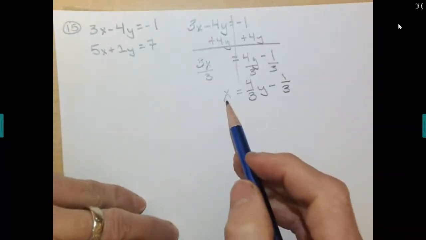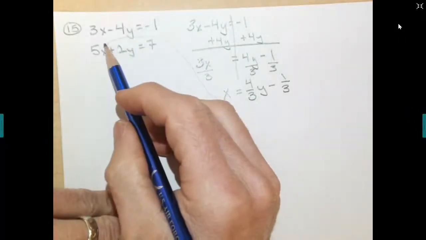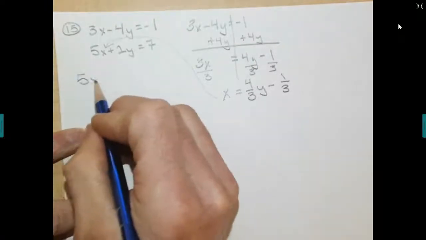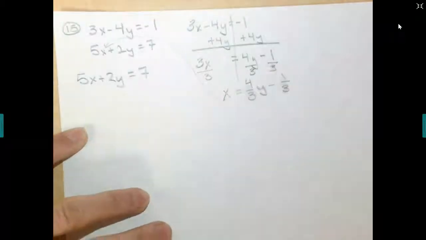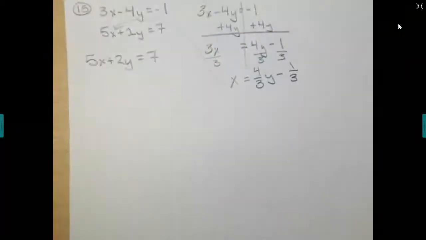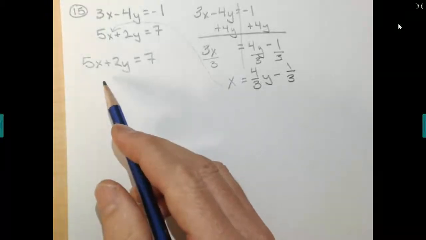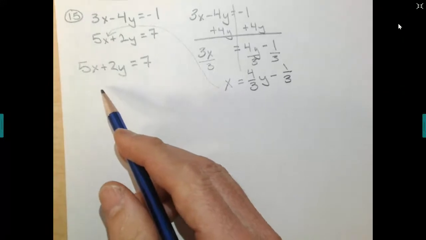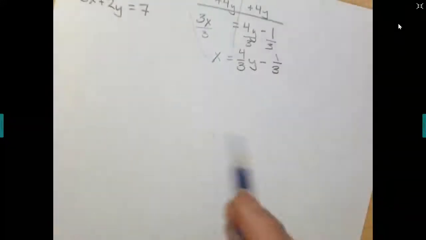So now I solved for x, so I'm going to go ahead and plug this into my x value. So 5x plus 2y equals 7. Because there are so many steps in these, I really encourage you to rewrite the equation every time you're going to do it. It makes it easier to check. Makes it a lot easier to find out what you did incorrectly if you made a mistake. It also just makes it a lot easier to follow.